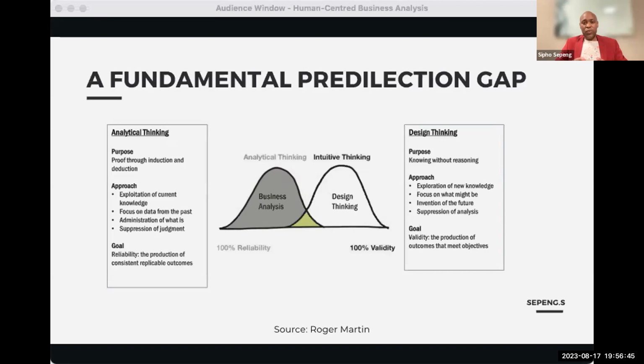We show and don't tell, take whatever output that we possibly can to the customer, test with them, and iterate from there to validate the effectiveness of the solution. And on the left side, you have reliability and pretty much predictability.